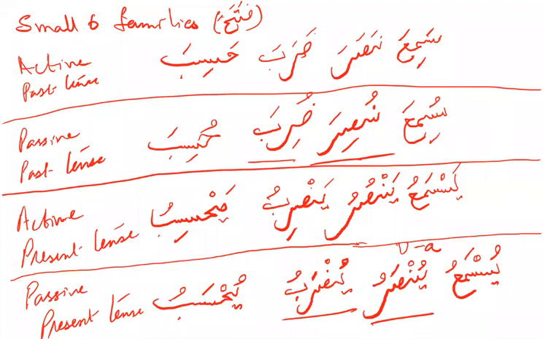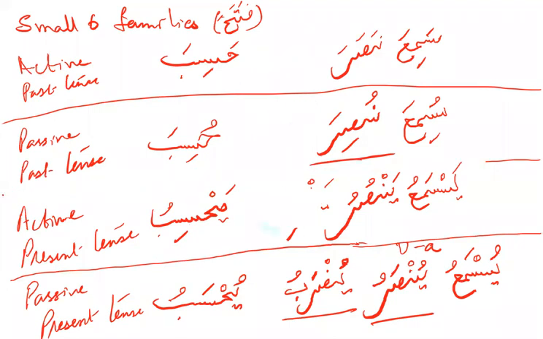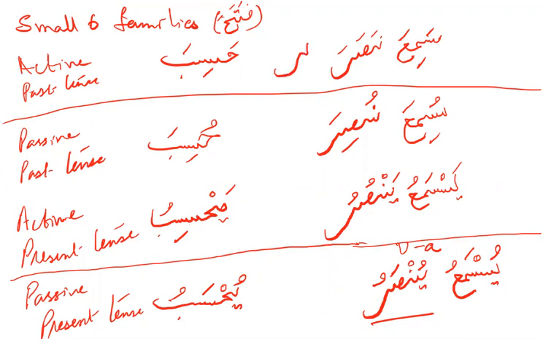Okay? And then our last for the small six families is karuma. What will be the passive for karuma? Kuruma. Okay, this was a trick question. Bab karuma does not have any passives. It does not have the passive past tense, nor the passive present tense, and also it does not have ism maf'ul.